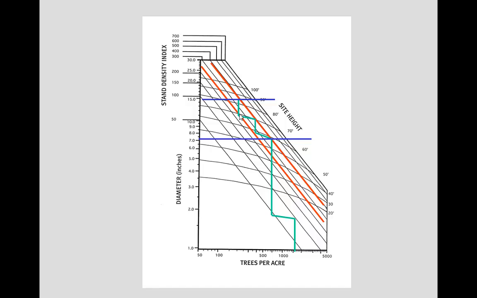And we can simulate that with the density management diagram because we've simply paralleled the site height lines. If you think about it, what do you do to the average diameter when you do a low thinning? Well, you increase it because you're removing smaller than average trees. What do you do to the site height, the average dominant and codominant height, when you do a low thinning?